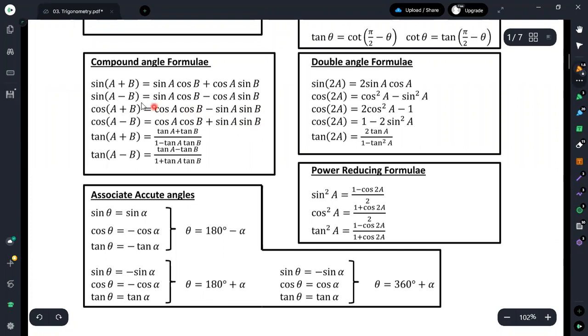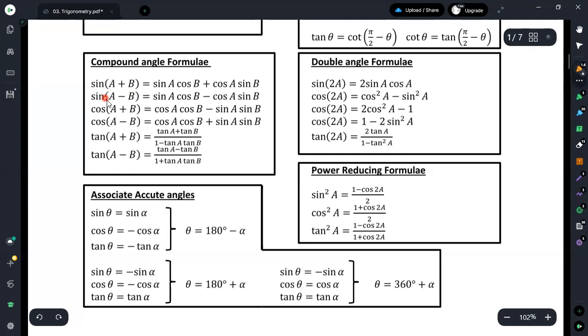And then we can obtain tangent a plus b. Tan a plus b is tan a plus tan b divided by 1 minus tan a tan b. And tan a minus b is tan a minus tan b divided by 1 plus tan a tan b.